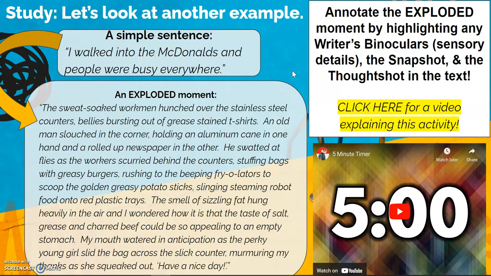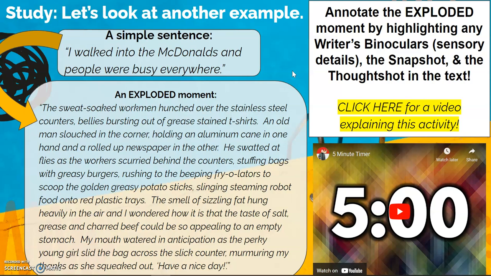Again, it's another example of some really great sight sensory details. An old man slouched in the corner, holding an aluminum cane in one hand and a rolled-up newspaper in the other. He swatted at flies as the workers scurried behind the counters, stuffing bags with greasy burgers, rushing to the beeping fryolators to scoop the golden, greasy potato sticks, slinging steaming robot food onto red plastic trays. What a dense sentence.